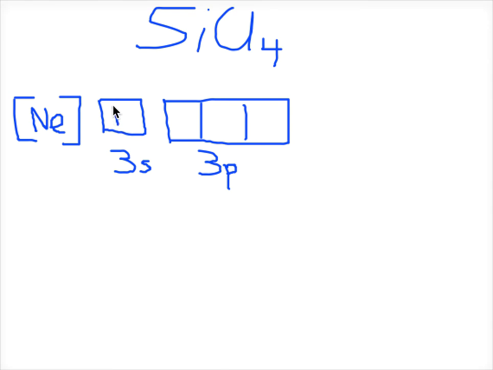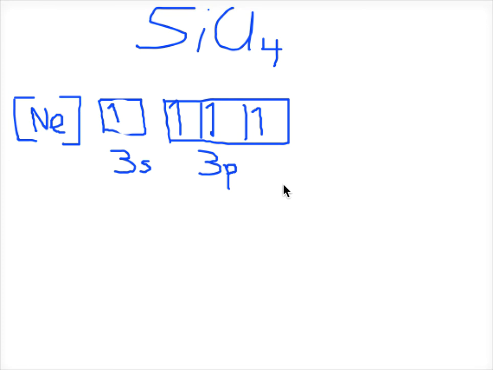The 3s is filled this way, the 3p is filled this way. But silicon tetrachloride needs to form 4 single bonds. So in order to do that, it needs to promote the electron from the s orbital into the p orbital.